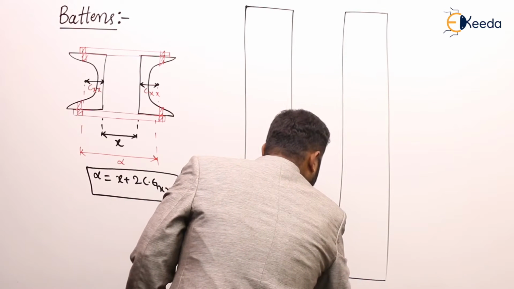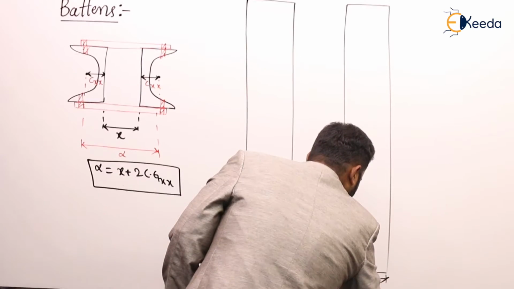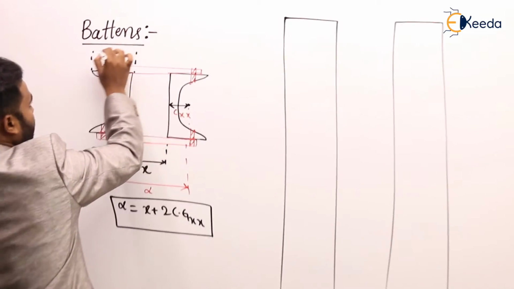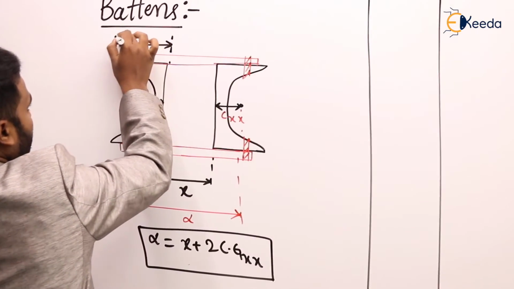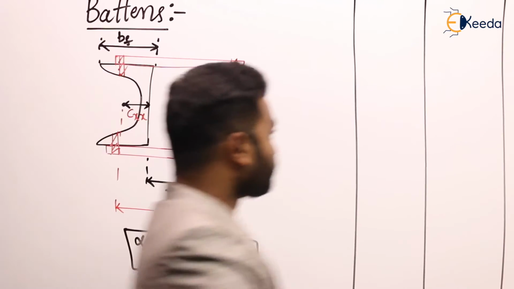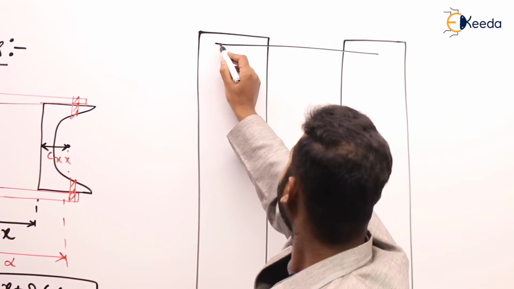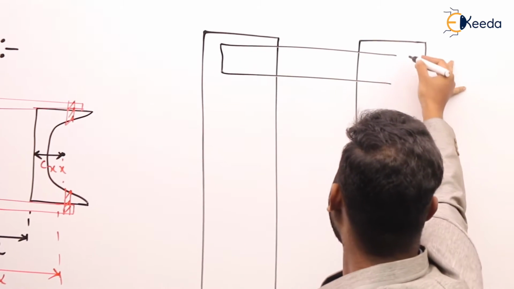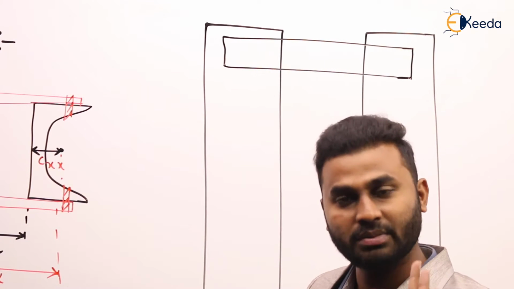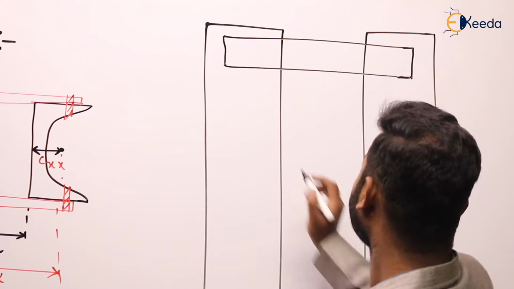This is the spacing X, and again this is the width of the flange BF. Now here we are going to provide the battens like this. Battens are always provided straight, whereas lacing members are inclined. Lacing members we provide inclined, but battens are always straight. Clear?